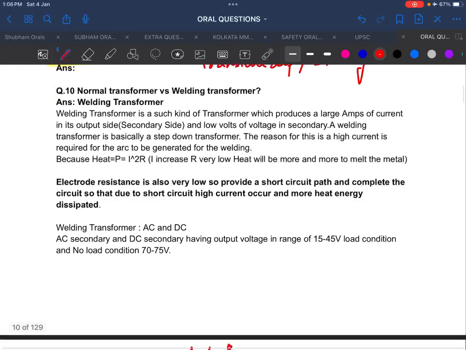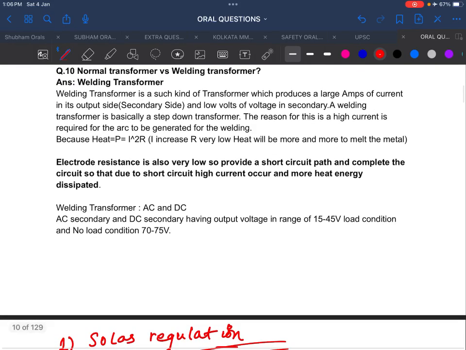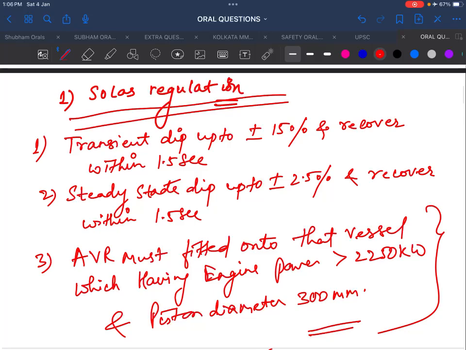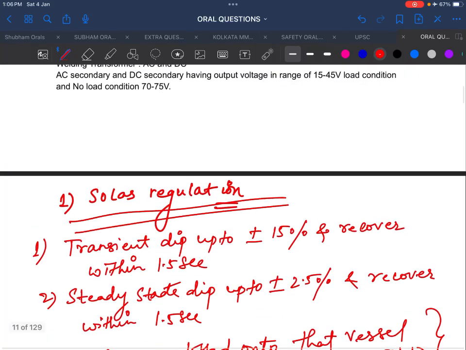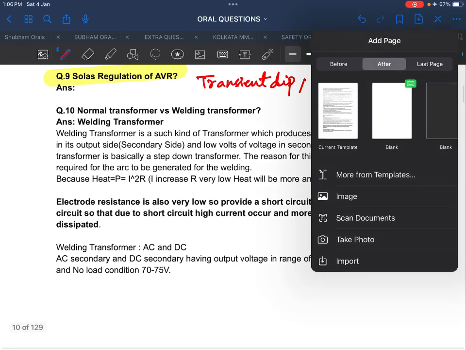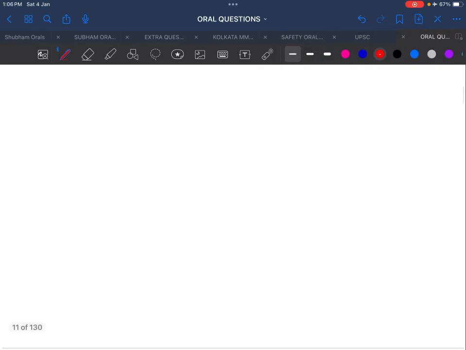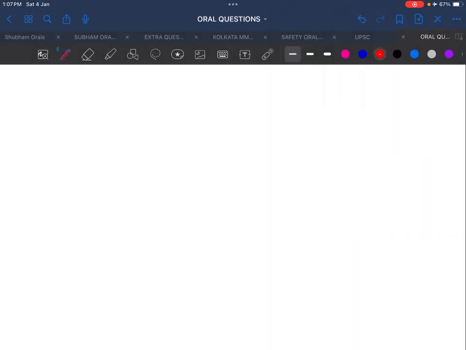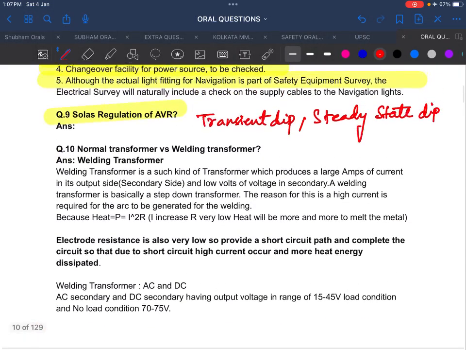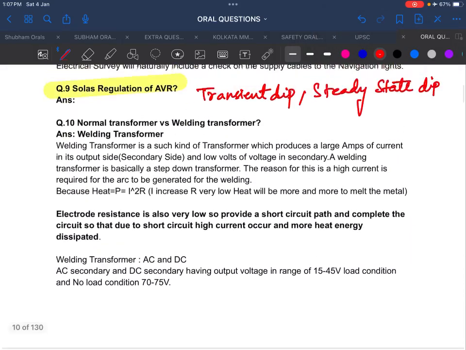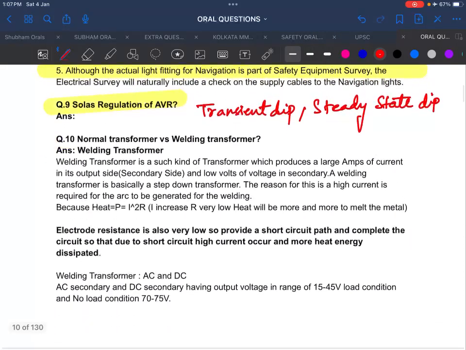So let's go further to the normal transformer and welding transformer. This is the last question in our section. So I will take one more page for you guys. Okay, this is the normal transformer and welding transformer.